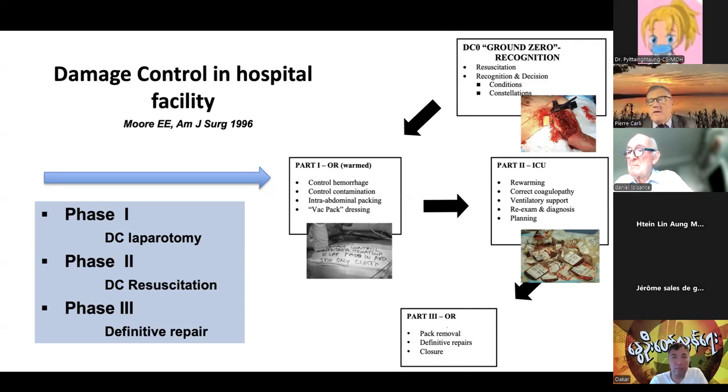Organizing this clearly makes it possible to treat a lot of patients, and also to organize your team to perform that, and to have mass casualties or any patient treated in the most efficient way. That's the basic of damage control. Damage control doesn't mean full reparation at the time. It means you organize the reparation in two or three steps in order to save the life and then to have the final, definitive, anatomical repair.